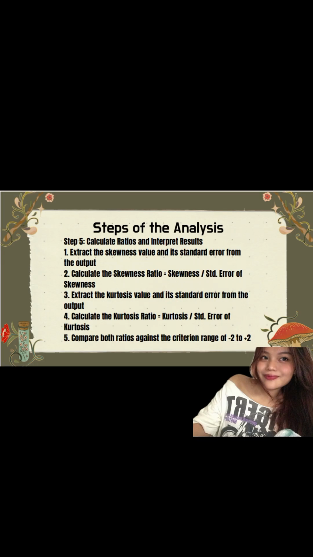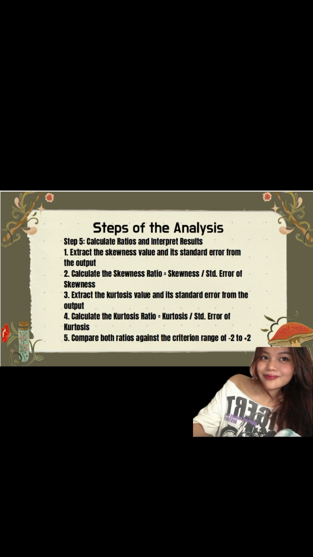And the last step, step 5, is to calculate ratios and interpret results. First, we extract the skewness value and its standard error from the output. Second, calculate the skewness ratio, skewness divided by the standard error of skewness.